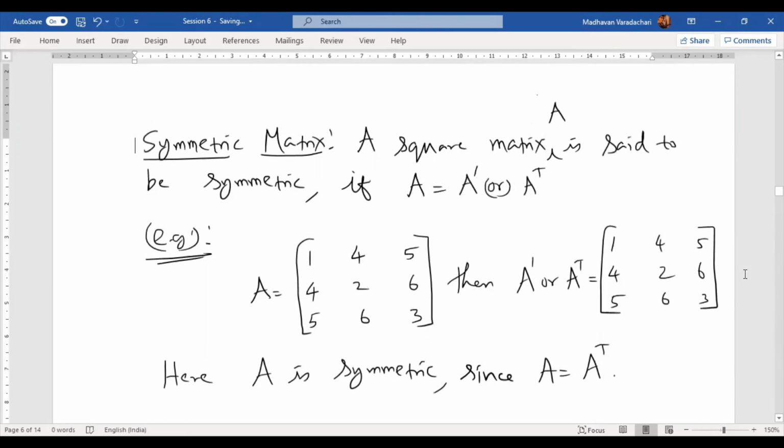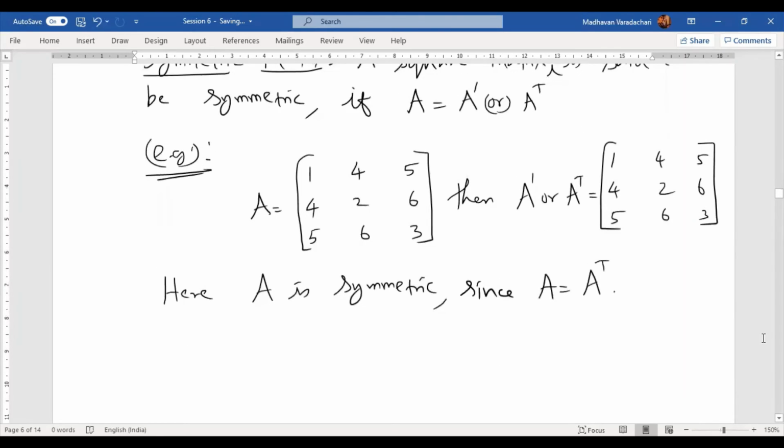Next definition is called skew symmetric matrix.